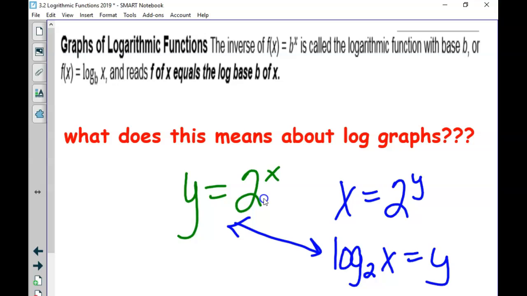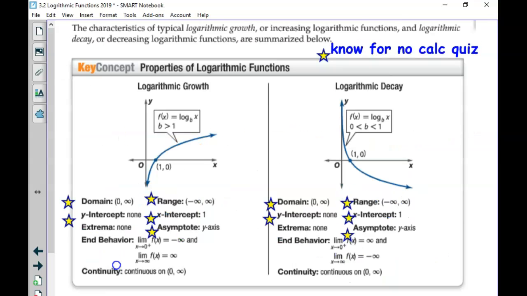So if you don't know how to graph this and you know how to graph this, what are you going to do? Take all the ordered pairs and switch the x and y, yes? Or you graph this and it reflects across what line? So there's the line, and there's what all the ordered pairs are going to look like. So a logarithmic growth problem will look like this.